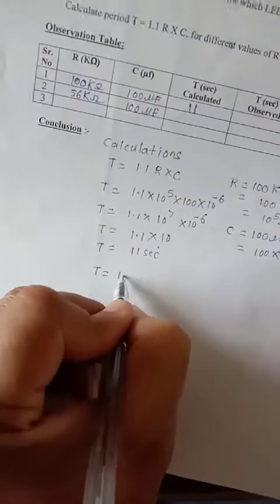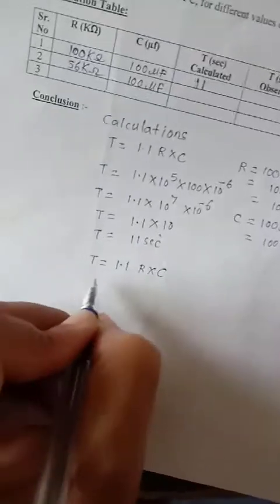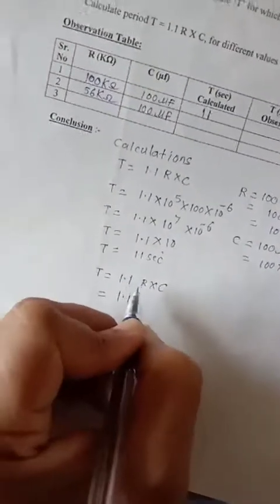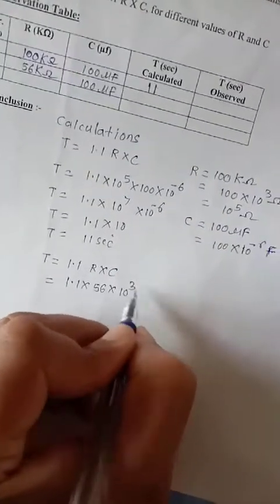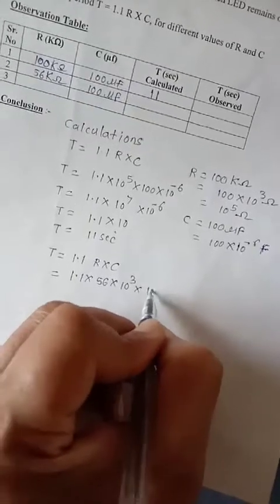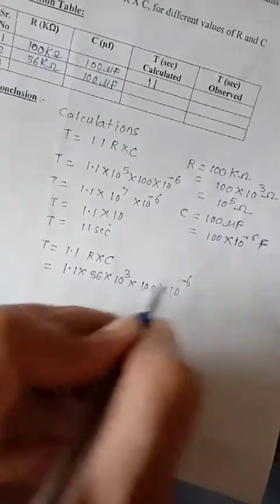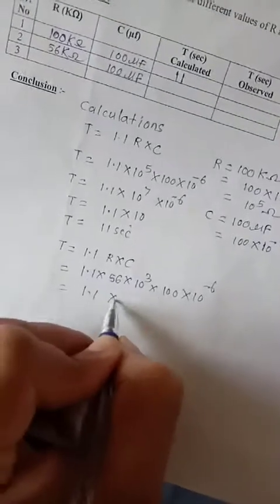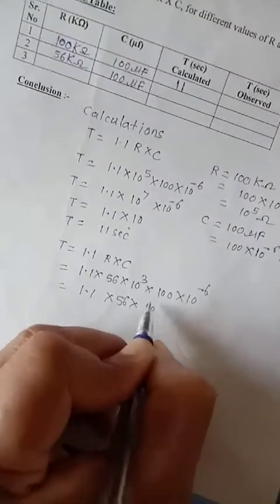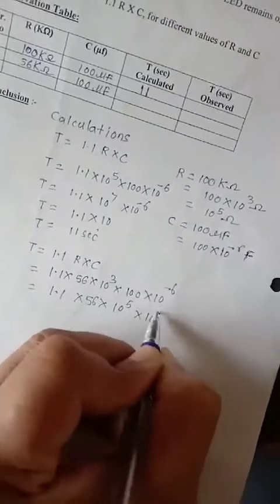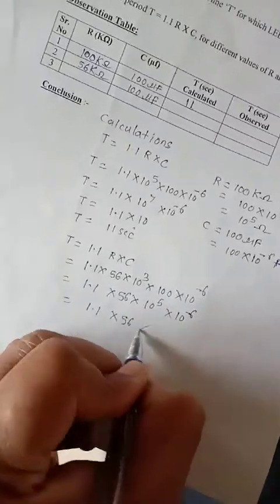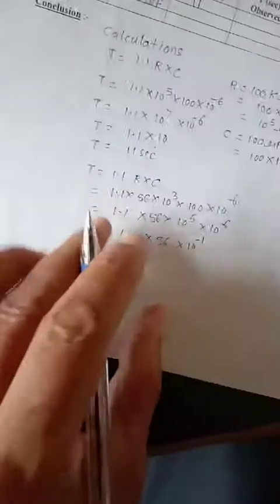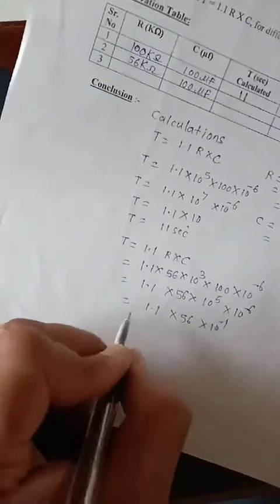Then calculate this. Use the formula T is equal to 1.1 R into C. Here R is 56 kilo ohm, that is 56 into 10 raised to 3, and 100 microfarad means 100 into 10 raised to minus 6. So 1.1 into 56 into 10 raised to 5 into 10 raised to minus 6, that is 1.1 into 56 into 10 raised to minus 1.